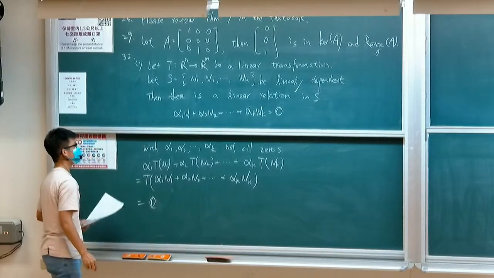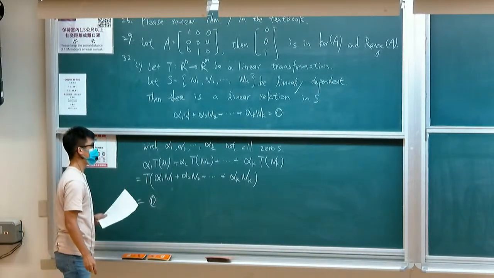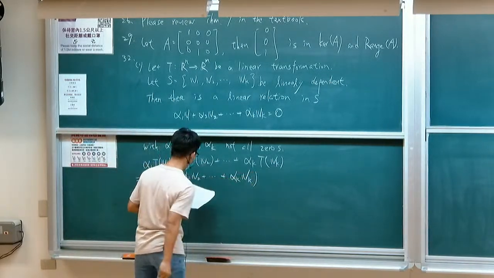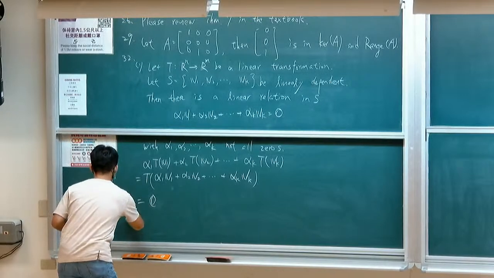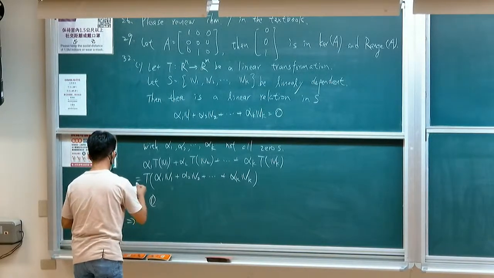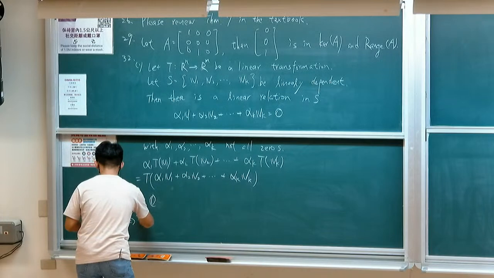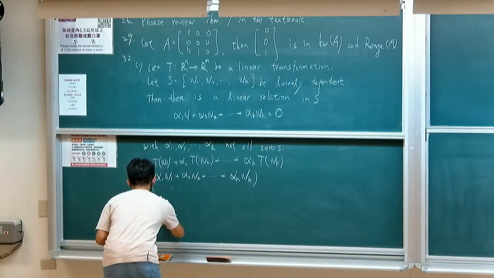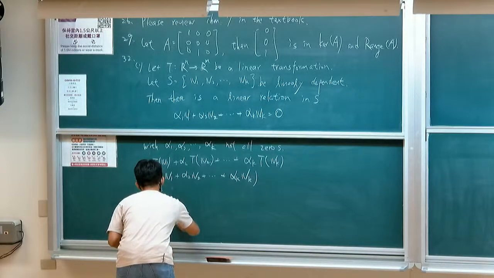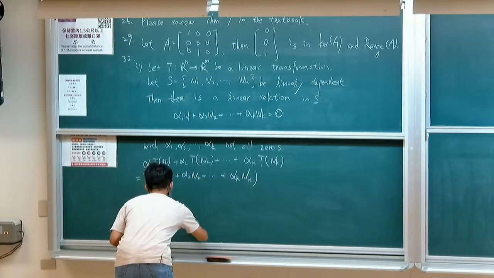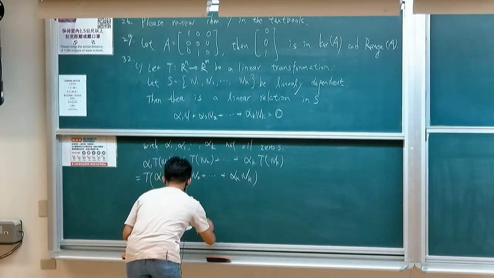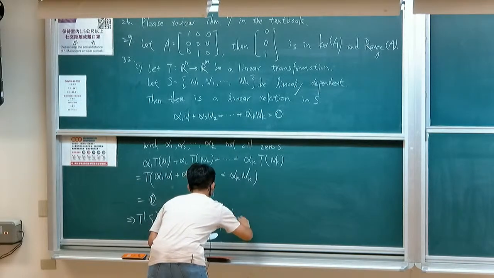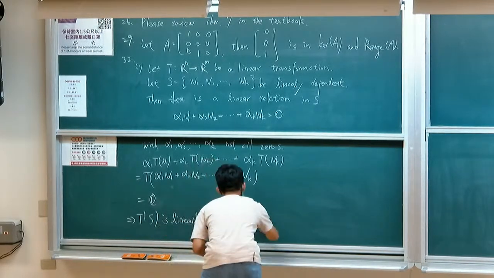Since we can find non-trivial relations of T V1, T V2 to T Vk, it gives us that T of S is a linearly dependent set.